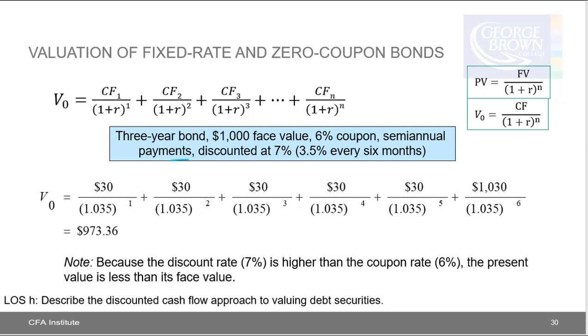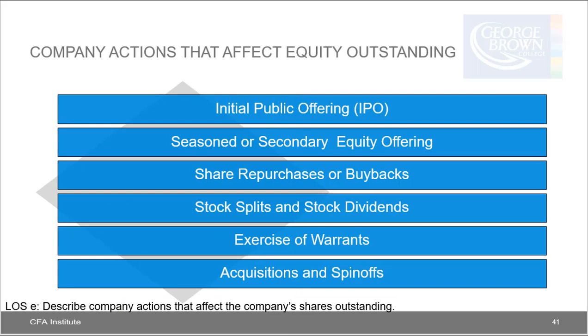Okay, and we see different nomenclatures. Sometimes instead of future value, we see cash flow. Instead of r, we see I. Instead of PV, we see V naught, valuation at time 0. Okay, but again, the discounted cash flow concept at this point should not be too difficult.